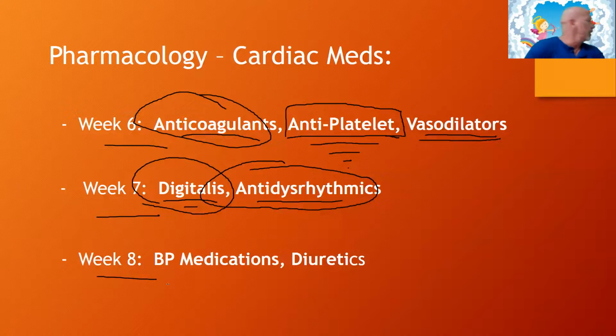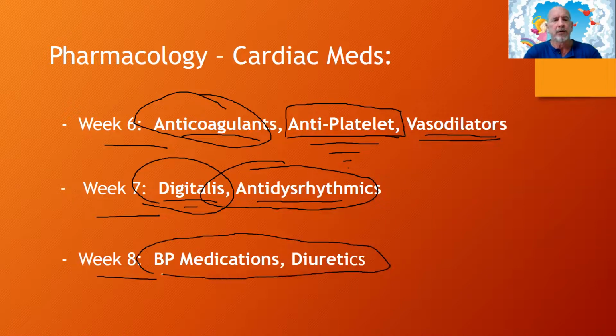Week 8, we're talking the mechanical aspects of the heart. Here's where we talk about high blood pressure. And there are certain medications. There's a list of about 7 or 8 different drug classes that we use for high blood pressure, to include ACE inhibitors, diuretics, calcium channel blockers, beta blockers.